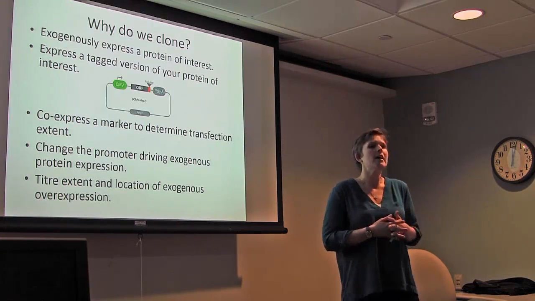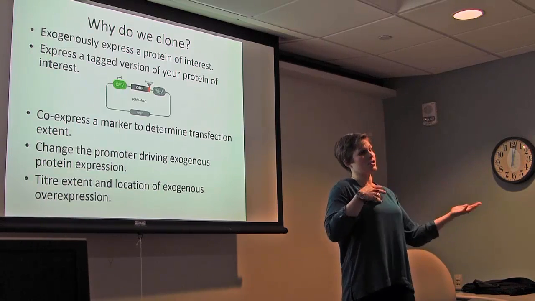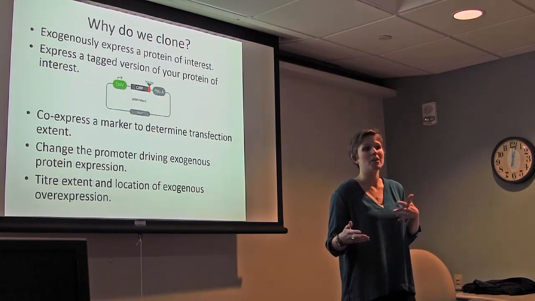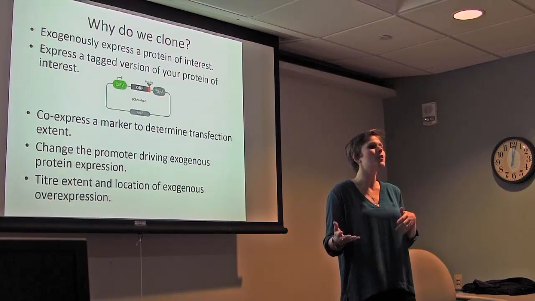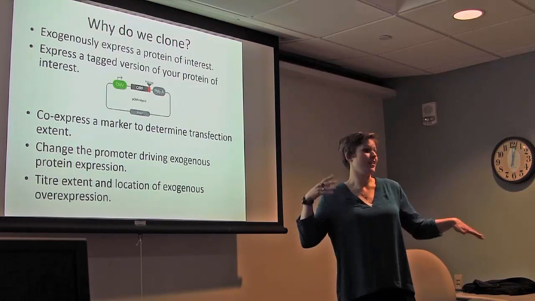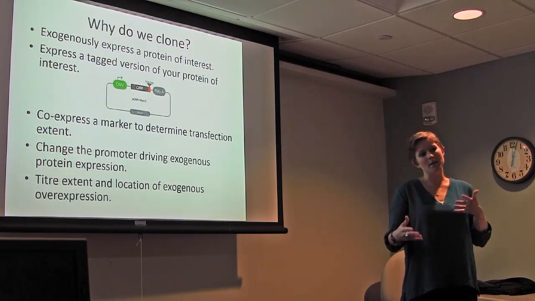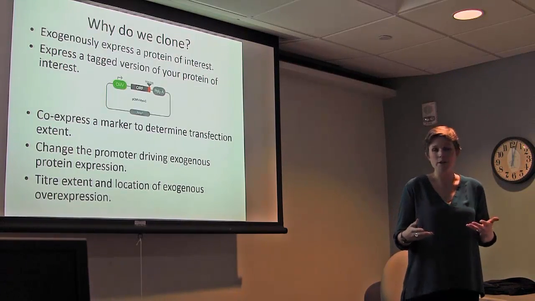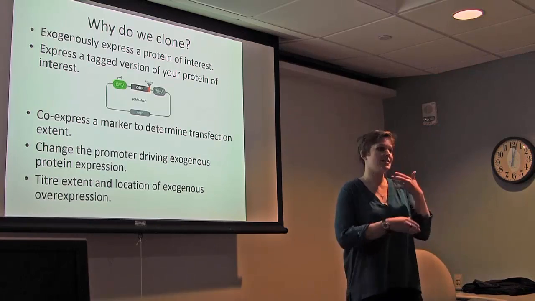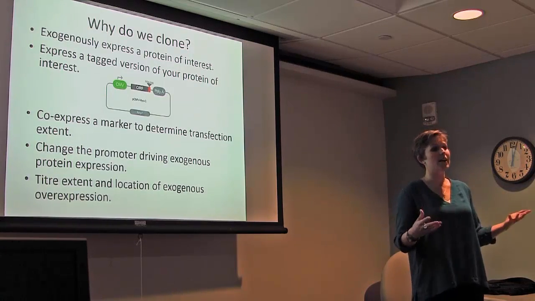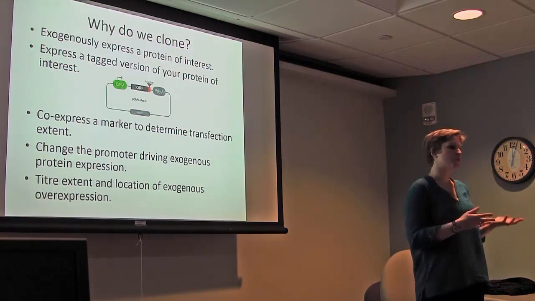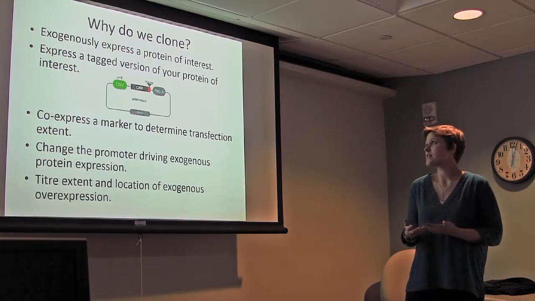And how much do I want the expression to be occurring? Do I want to use a really strong promoter that's going to cause overexpression like gangbusters, or a very weak promoter that's going to be more of an endogenous expression level? Those are the kinds of things you want to think about when you're deciding how you want to express your protein of interest.